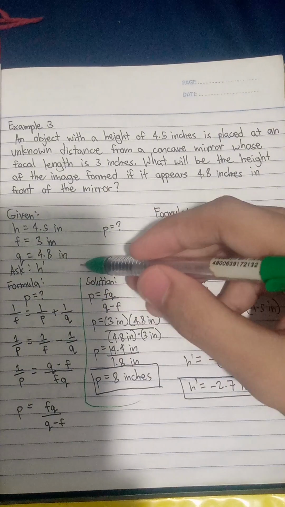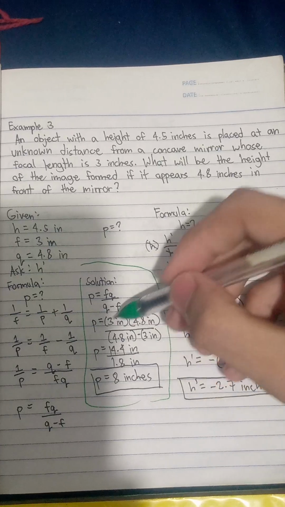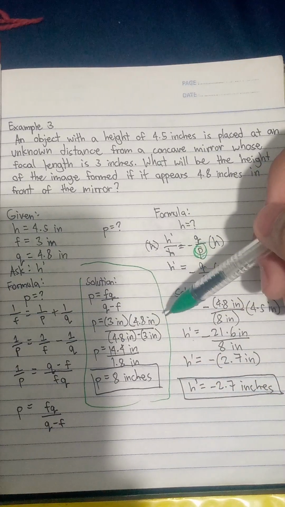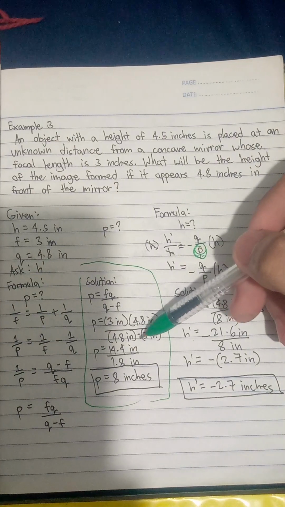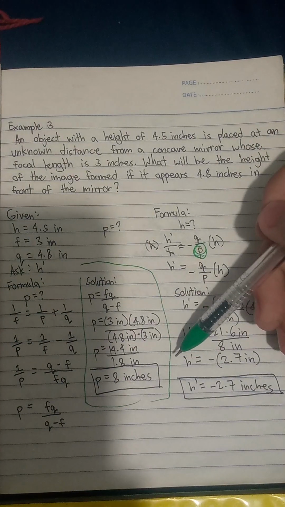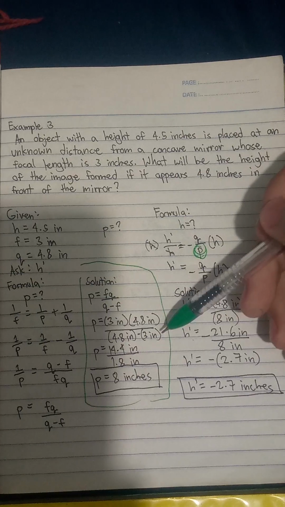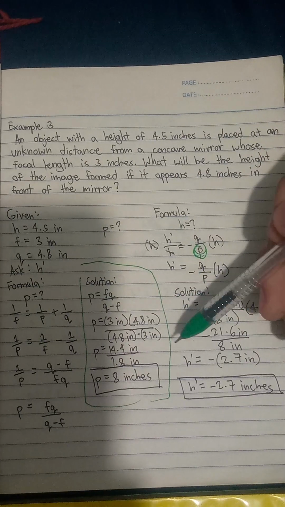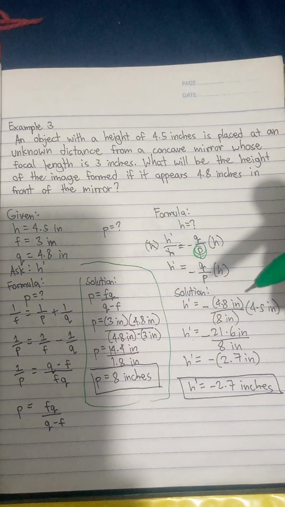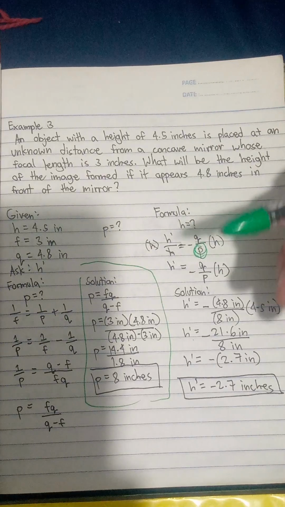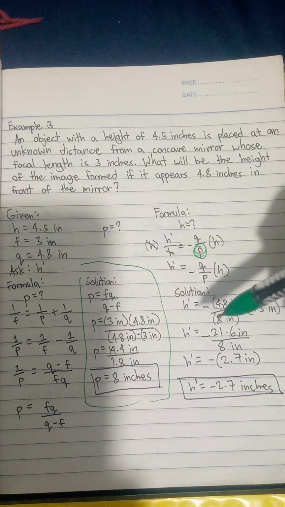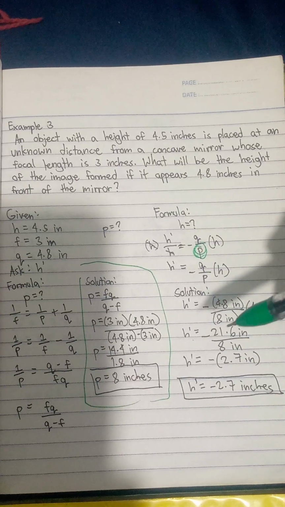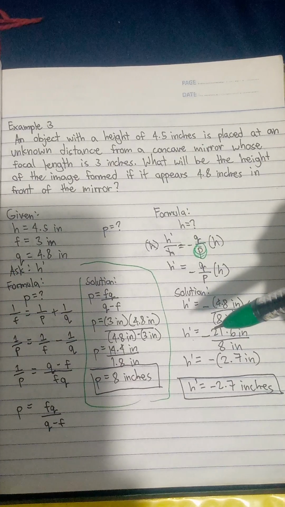So p is equal to 3 inches times 4.8 inches over 4.8 inches minus 3 inches.